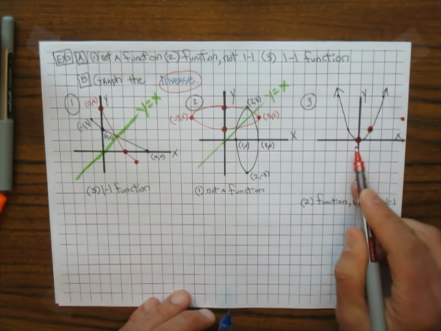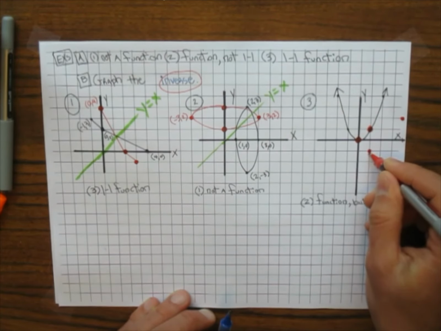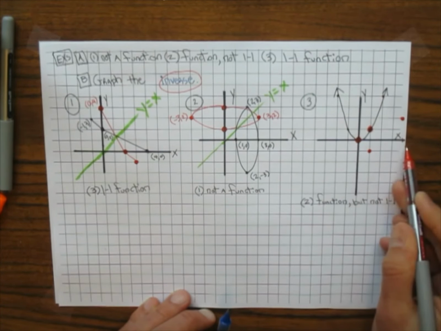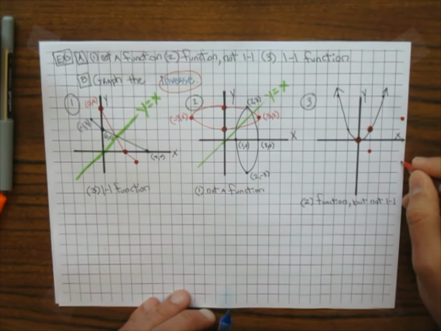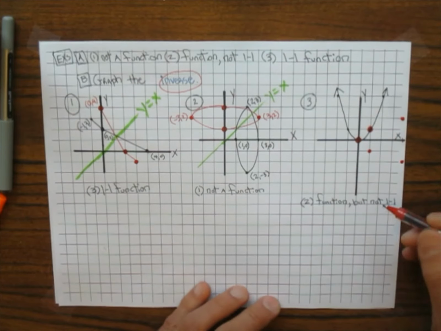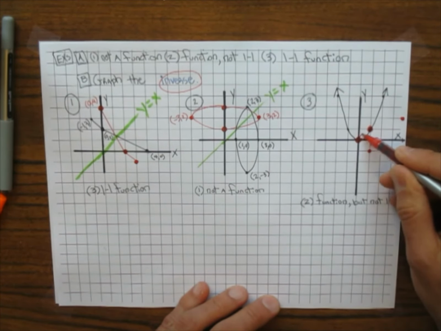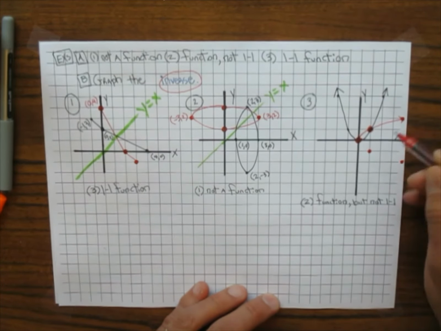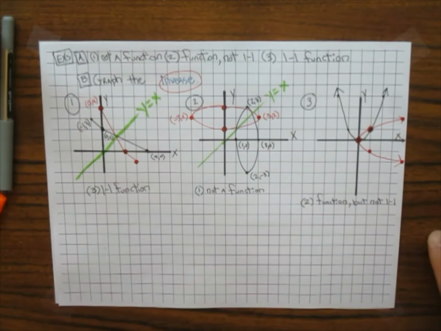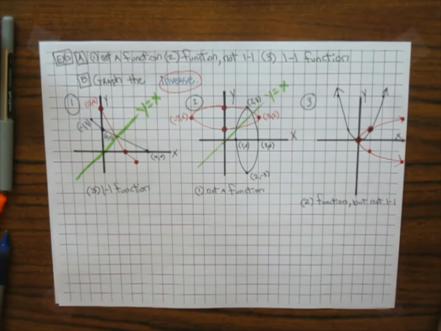Negative 1, 1 goes to 1, negative 1. And negative 2, 4 goes to 4, negative 2. So the inverse of a parabola is a parabola. And so that is what you have to do in your homework. I won't put the green line there, but you can see the reflection.